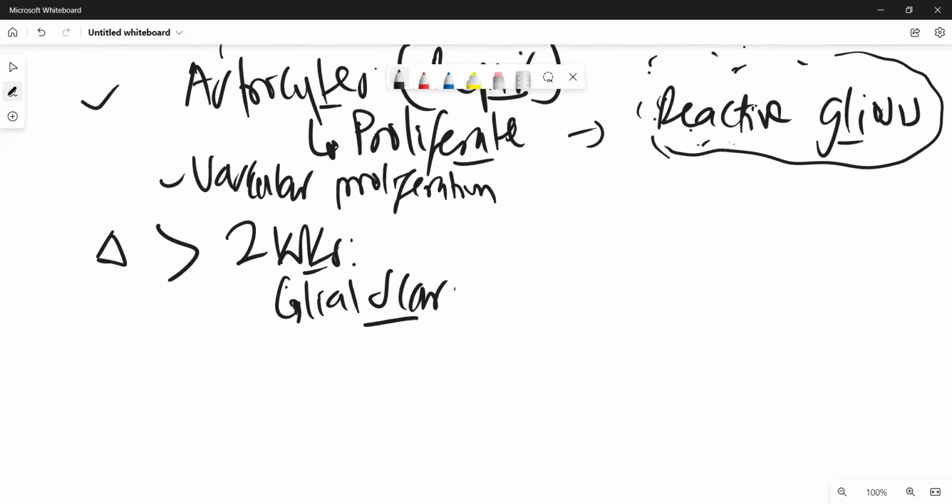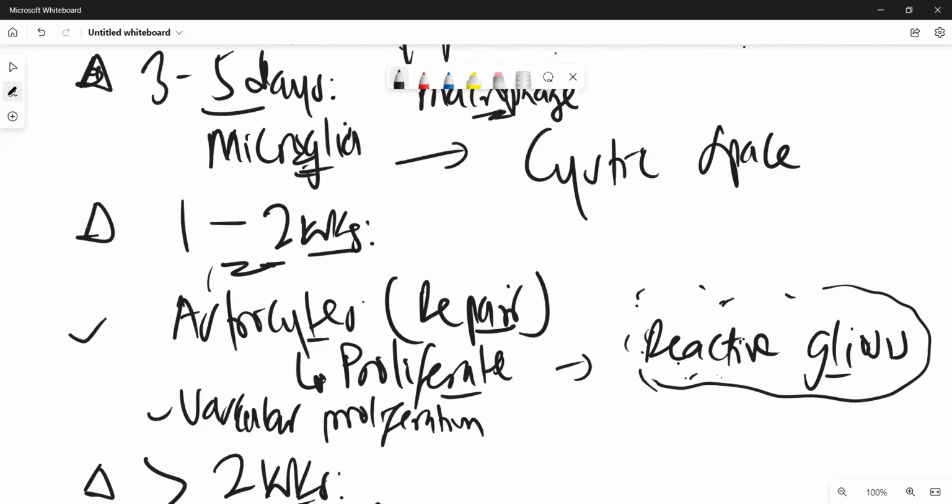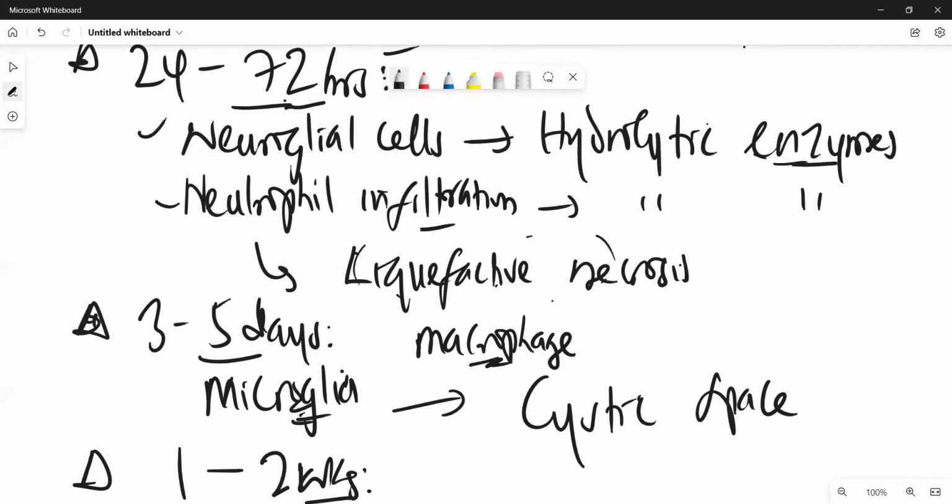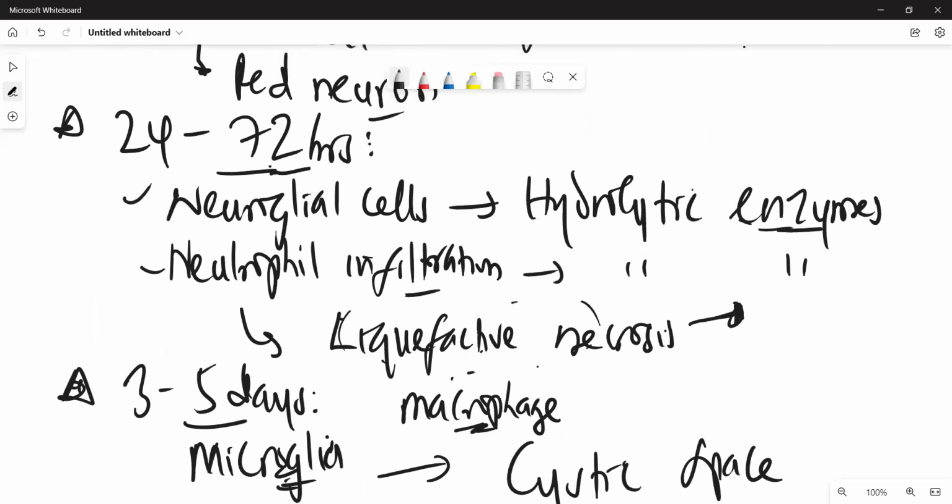So what will be the complications of this? At this point, during the phase of this liquefactive necrosis, when the tissue is very soft, this patient is at very high risk, especially while the necrosis is going on, for hemorrhagic conversion.